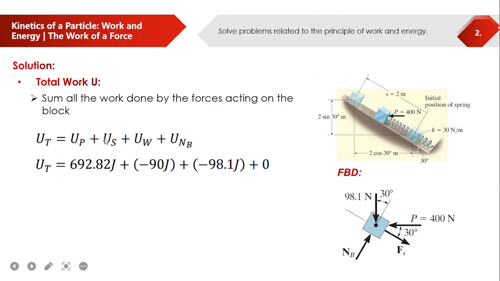Your work done by your spring force is negative 90 joules. And the work done by the weight is negative 98.1. Therefore, your total work done by all the forces acting on our block will be 504.72 joules. So, ganun lang kasimple yung pag-compute natin ng work.